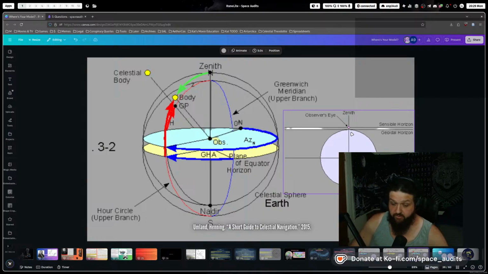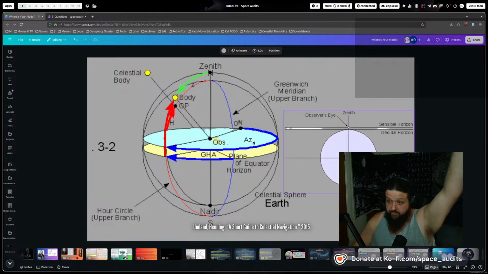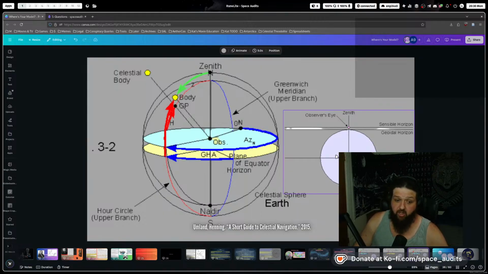So what you see on the ground, right? The old geoid might be lifting up a little bit to give you the visible horizon because of refraction. That's your horizon. And the celestial horizon is what you see in the sky, all the stars, all the way to the equator. And those are coplanar in how they're doing this.